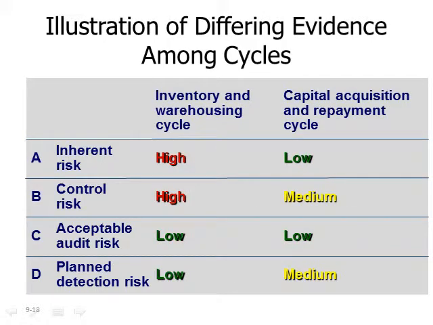Here we've engaged that same idea with respect to inherent control, acceptable audit, or planned detection risk types and assessed them across the inventory and warehousing cycle and the capital acquisition and repayment cycle.